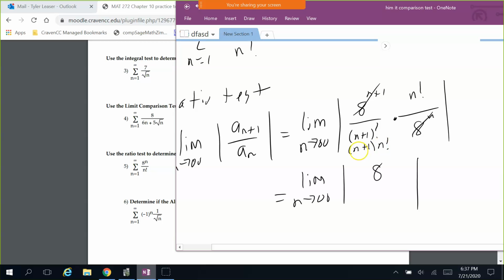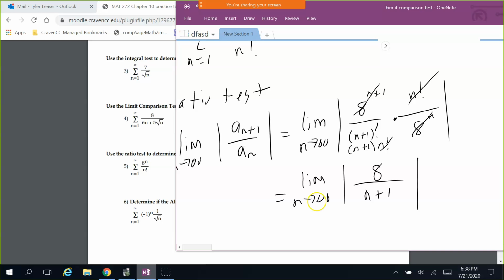This and the thing right below it are exactly the same, and now I can cancel out the n factorials on top and bottom. All I have left over is the 8 in the numerator and the n plus 1 in the denominator.